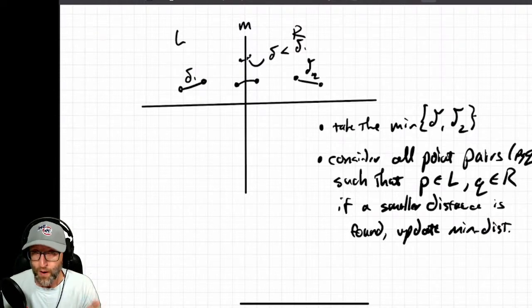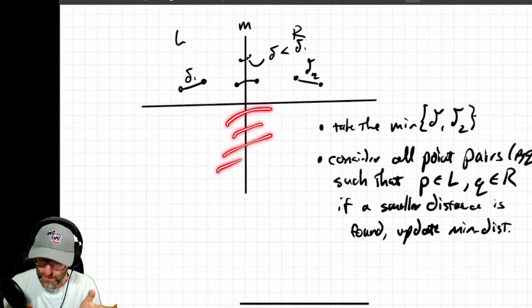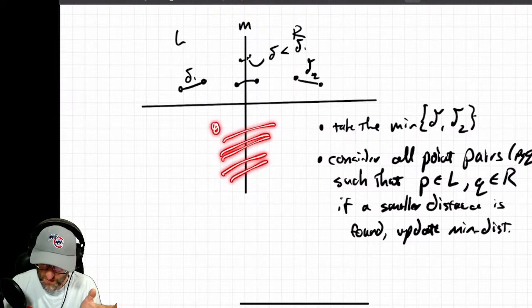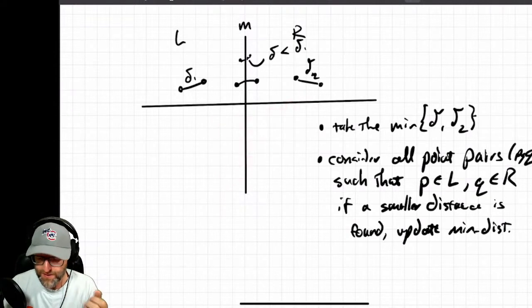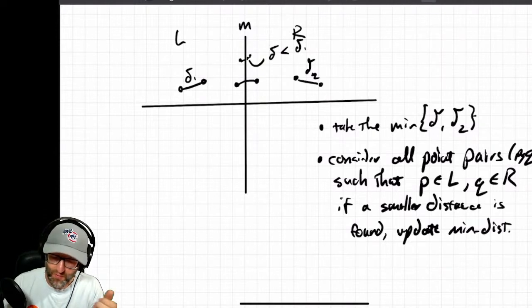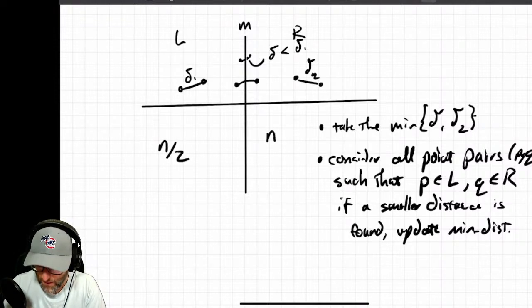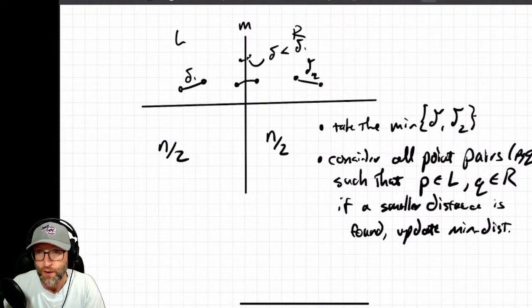That strategy will correct the problem. Once we found these two minimum over here and these two minimum over here, all I need to do is consider all points where one point is over here and one point is over here, and consider all those distances. The problem comes with how many possibilities there are. Remember that we've split this into two, so there are roughly n divided by 2 points over here and roughly n divided by 2 points over here.